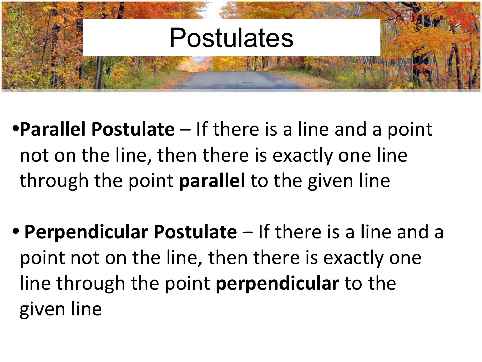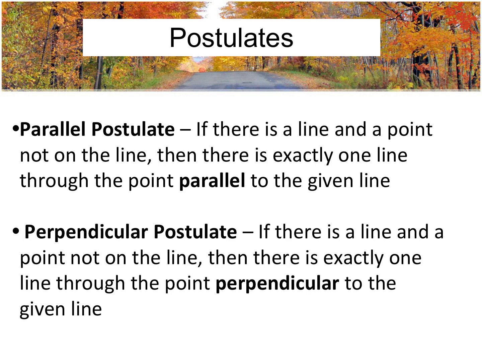Okay. So, 2 more postulates, people. We have something called the parallel postulate and the perpendicular postulate. Who's making the Quizlet for this chapter? Kristen? Okay. So the parallel postulate says if there is a line and a point not on the line, then there is exactly one line through the point that's parallel to the given line.